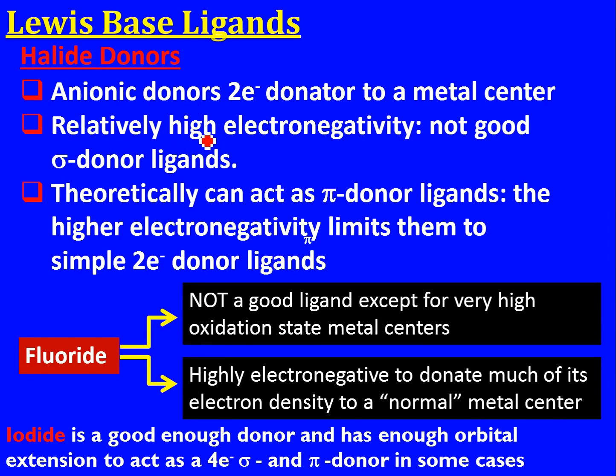The electronegativity of halide is relatively high, so it is not a good sigma donor ligand. By theory, the halide can act as sigma donor and as pi donor ligand. This is related to the structure of the halide.